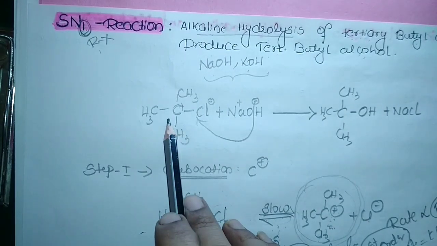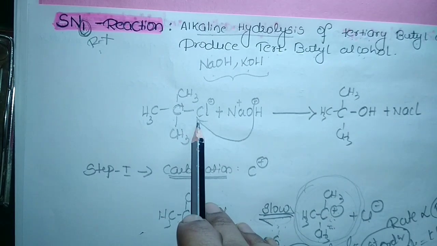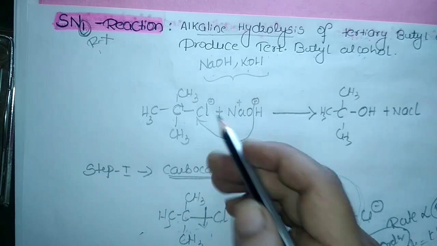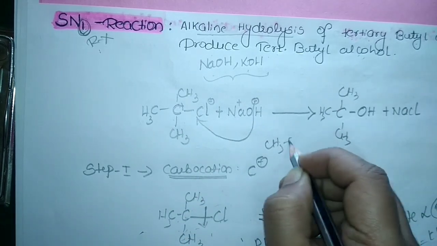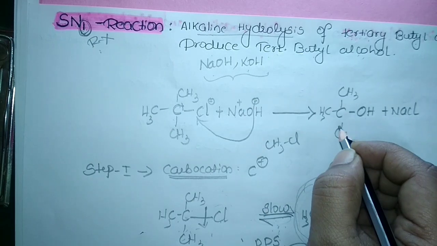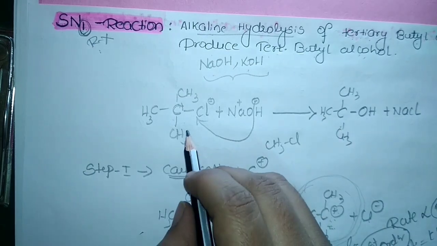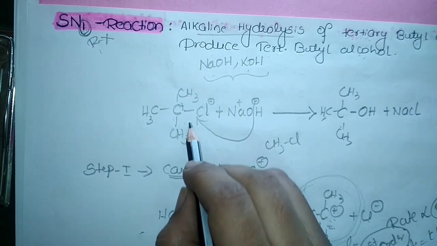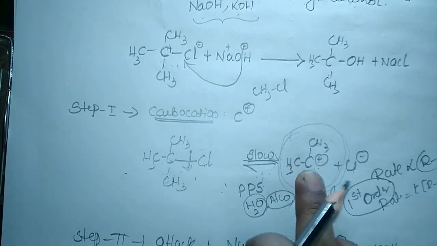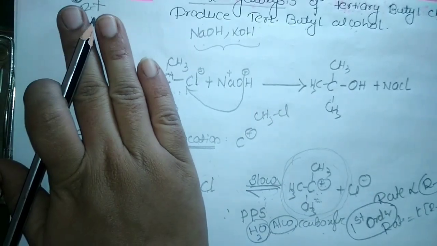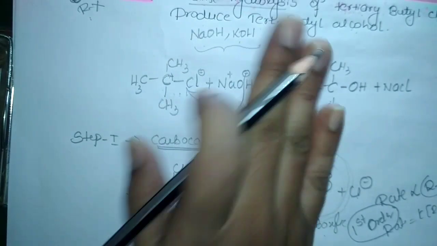Okay, next comes the order of reactivity. Here, instead of taking tertiary butyl chloride, if I take a secondary alkyl halide, or simple methyl chloride, will the reaction take place? Yes, the reaction will take place, but tertiary butyl chloride, where the tertiary carbocation formed is more stable, is more reactive for the SN1 reaction than secondary than primary.